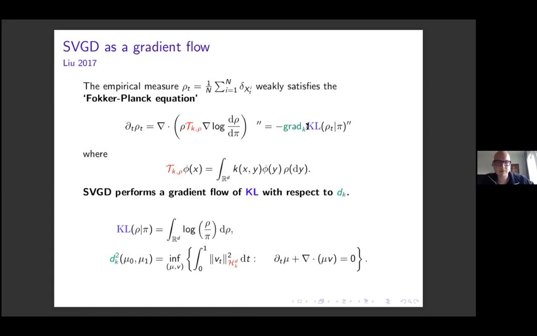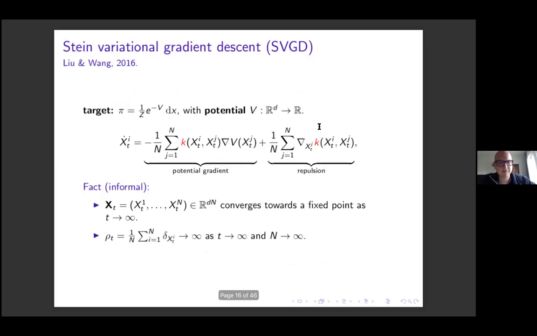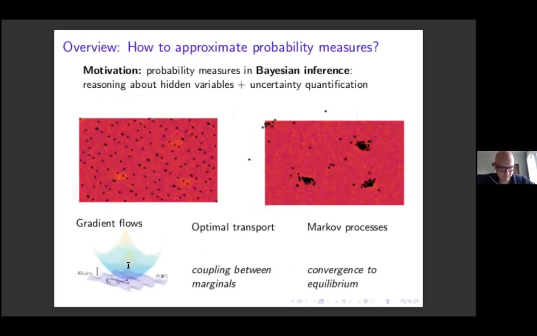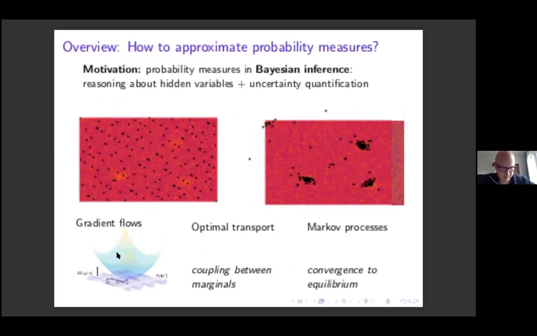This KL divergence is the relative entropy. This is a certain type of discrepancy between rho and pi, and it is always non-negative. So you can really think of this KL to look a little bit like this. Parabola.